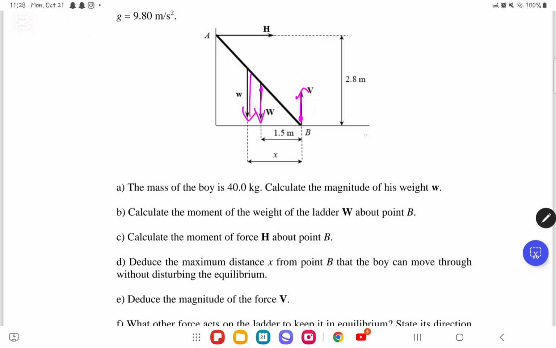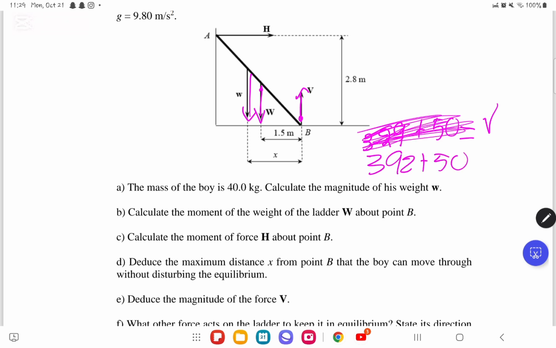So the weight of the boy, which is, oh my bad, you see guys, when you mix up 392, plus the weight of the ladder, which is 50, should be equal to the force V. So 392 plus 50 gives us 442 newtons. So this is the magnitude of V.